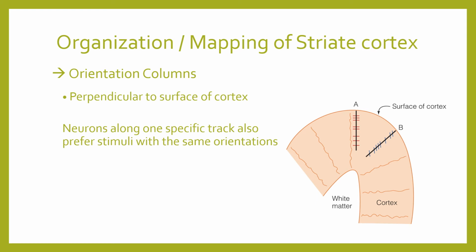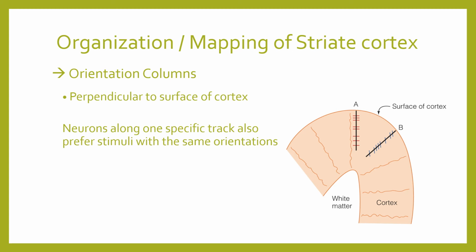We also have orientation columns. So neurons along one of these specific tracks also prefer stimuli with the same orientations. And what the picture is showing is, well, the cortex is curved, because remember we have those gyri and sulci, and we have these curves so that we have more surface area to our cerebral cortex. And if we're going in at the surface of the cortex at A, and we put in our electrode, then everywhere along in that column, when we're measuring at A, it's going to be responding to a horizontal line.